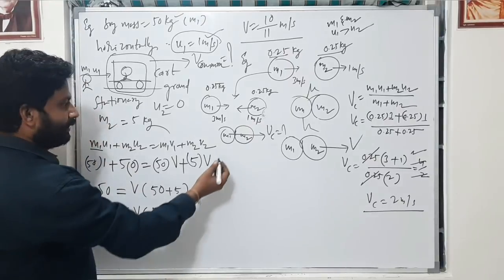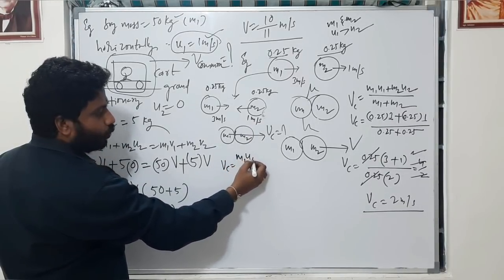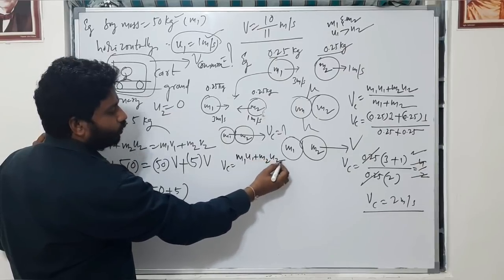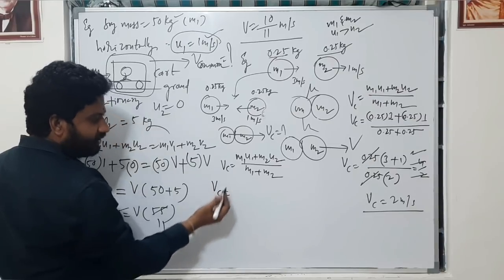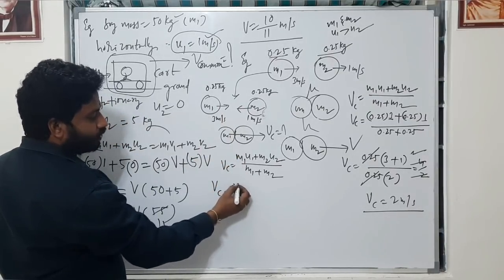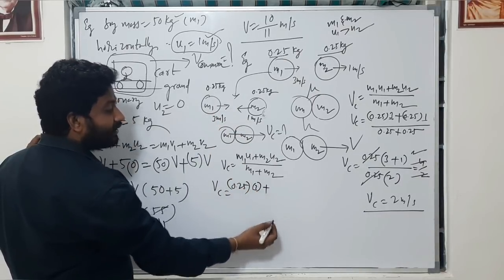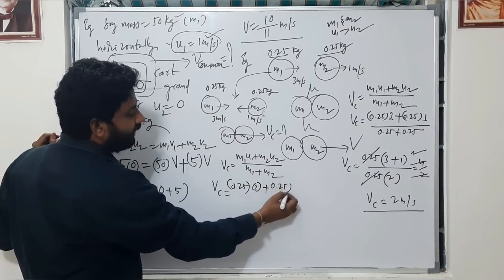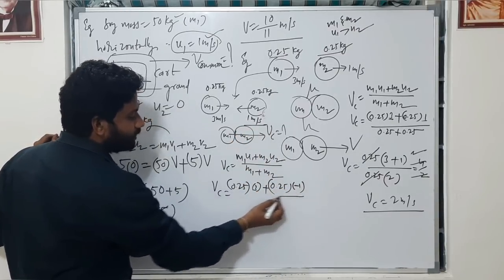Check it. What's the common velocity formula? m1 u1 plus m2 u2 divided by m1 plus m2. Let me write Vc is equal to m1, what is m1? 0.25 into u1, it's 3, plus m2, 0.25 into u2. What is u2? It's minus 1. That's important.